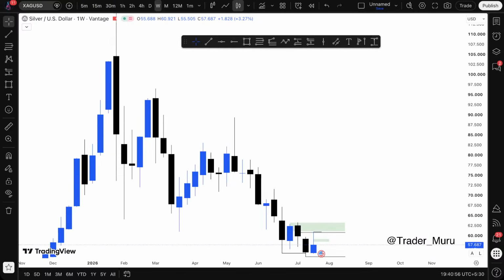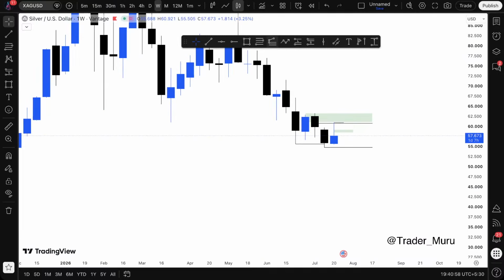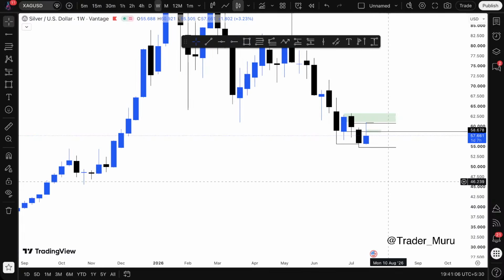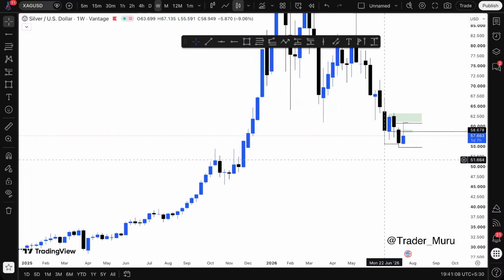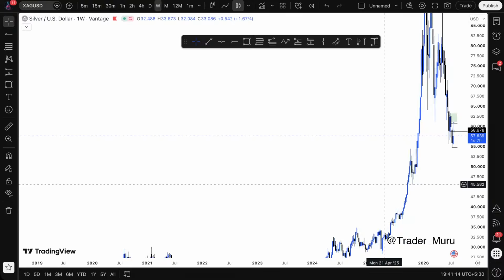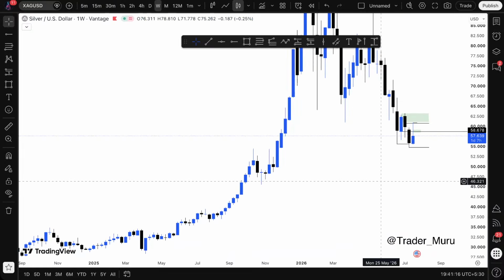So gold is still bearish, silver is still bearish, and this is your area where silver is holding. From here you will get your short entry and your target will be 45. Silver will test 45 soon.